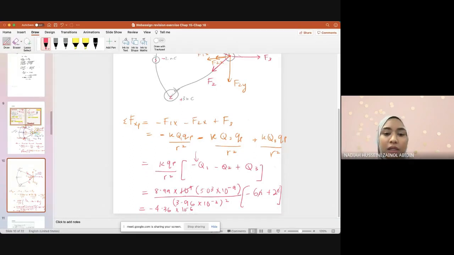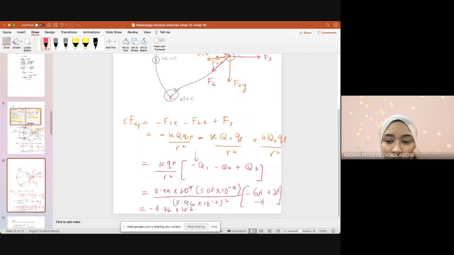Why is it not right? 5.03 betul. 3.96 times 10 minus 2 squared betul. Factored out K, factored out Q. So I'm left with Q1, Q2 and Q3 minus Q1 minus Q2. Q1 and Q2 has the same value, so minus 6 nanocoulomb plus 2 nanocoulomb.